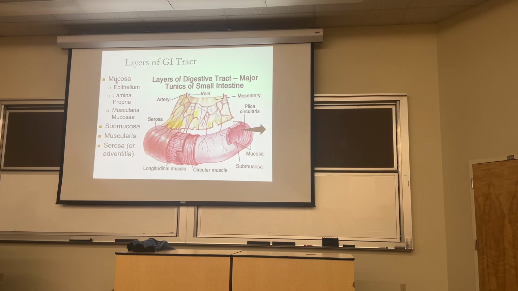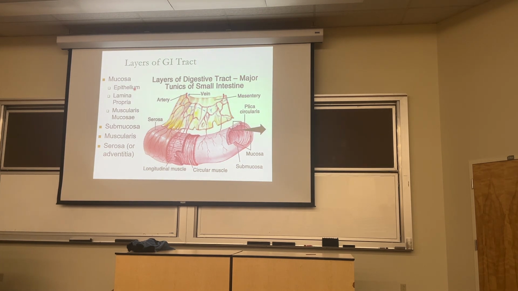So the mucosa is epithelium, a little bit of connective tissue, called the lamina propria in this digestive tract, and then a layer or two, fairly thin layers, of muscularis mucosae. All of that makes up the mucosa. For the epithelium of the GI tract, is it pseudostratified ciliated or is it a simple columnar?